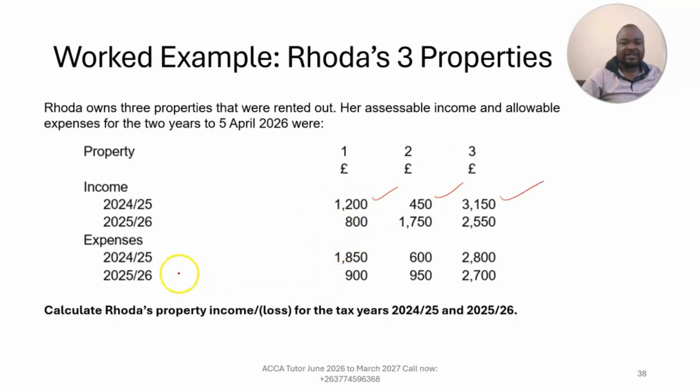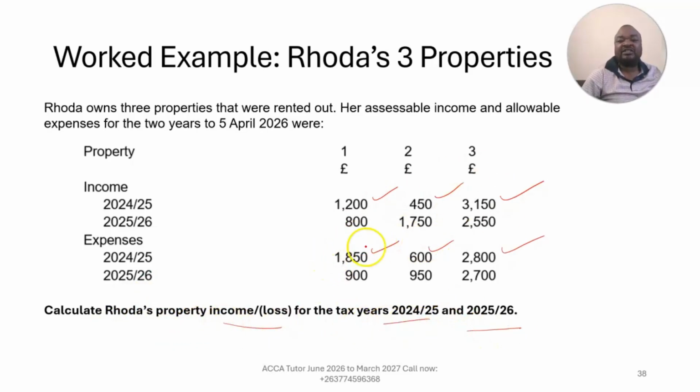The relevant expenses for the 2024-25 year were 1,850, 600 and 2,800. Below are the figures for 2025-26. You are required to calculate Rhoda's property income or loss for the tax years 2024-25 and 2025-26.